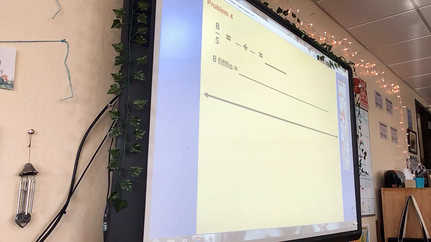But we have 8 fifths, right? So is it going to be bigger than 1? Yeah. So actually, you scoot your 1 over this way, and then you're going to write it in fifths. Okay. So not eighths. I know that's a little confusing, but from 0 to 1, you should have 0 fifths, 1 fifth, 2 fifths, 3 fifths, 4 fifths, 5 fifths, and then 6 fifths, 7 fifths after 1. Does that help a little bit?